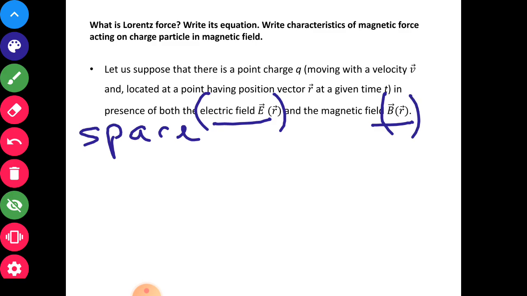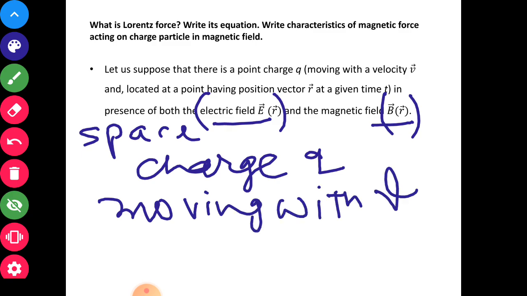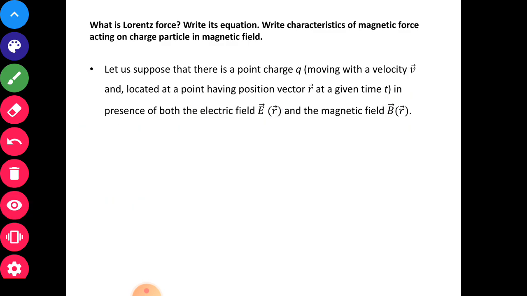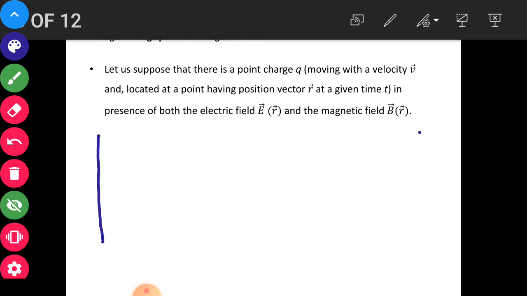Now there is a moving charge. So one charge is there. Charge Q is there which is moving with some velocity v. Okay, so you consider this way that this is the space. Say for example, this is a space.